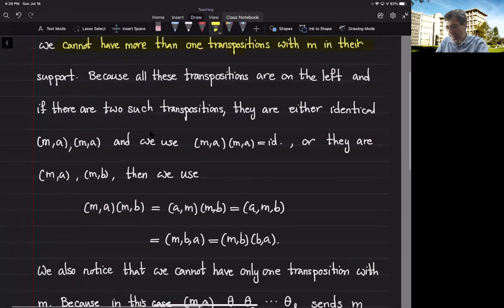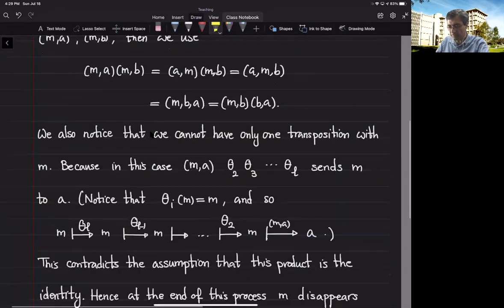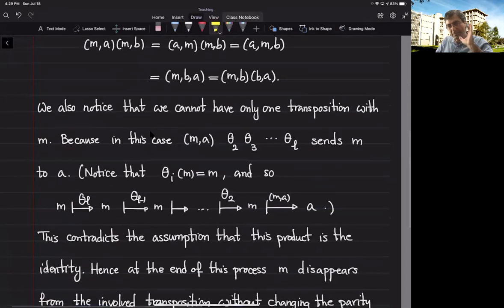So I'm repeating here what I said. So that means that the final stage either has no M, or we are in this kind of format that there is only one transposition that has M in it, and then the other transpositions do not have any M in them.